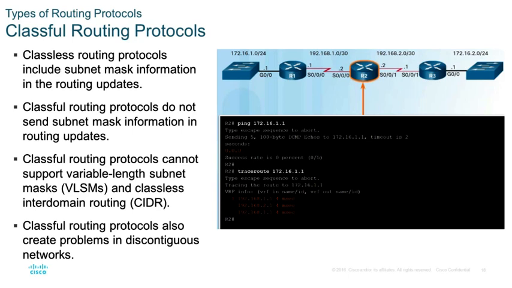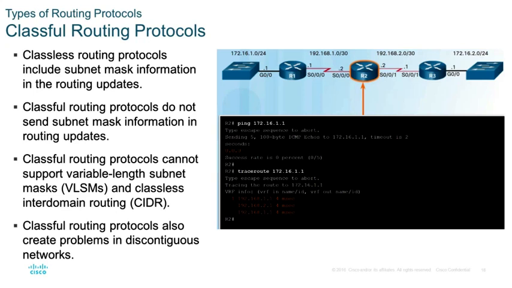So classful routing protocols will only ever be one of those three things: either a /8, a /16, or a /24, and they cannot be anything else. So we cannot use variable length subnet masks when we're working with that. That can be a little bit of a problem.